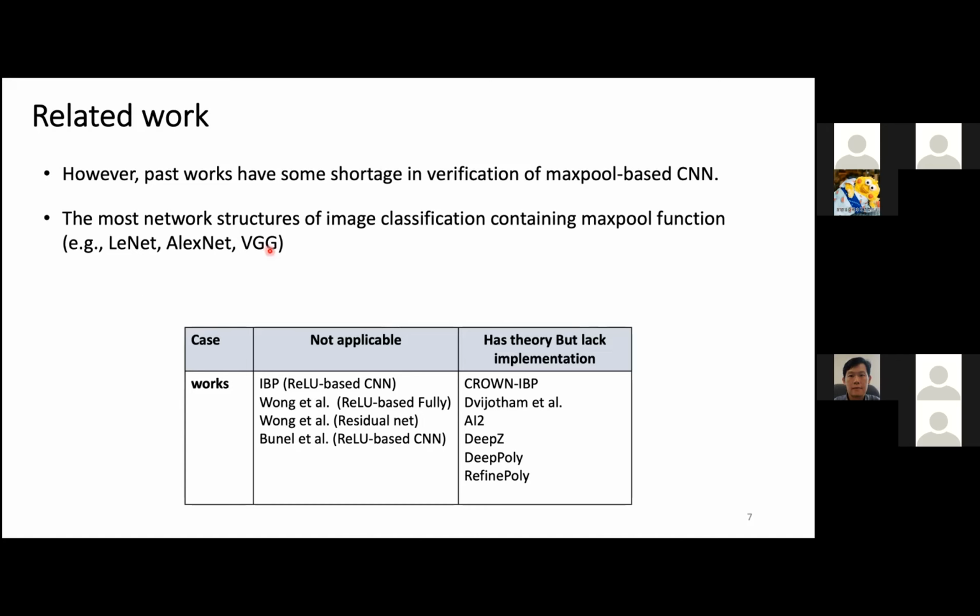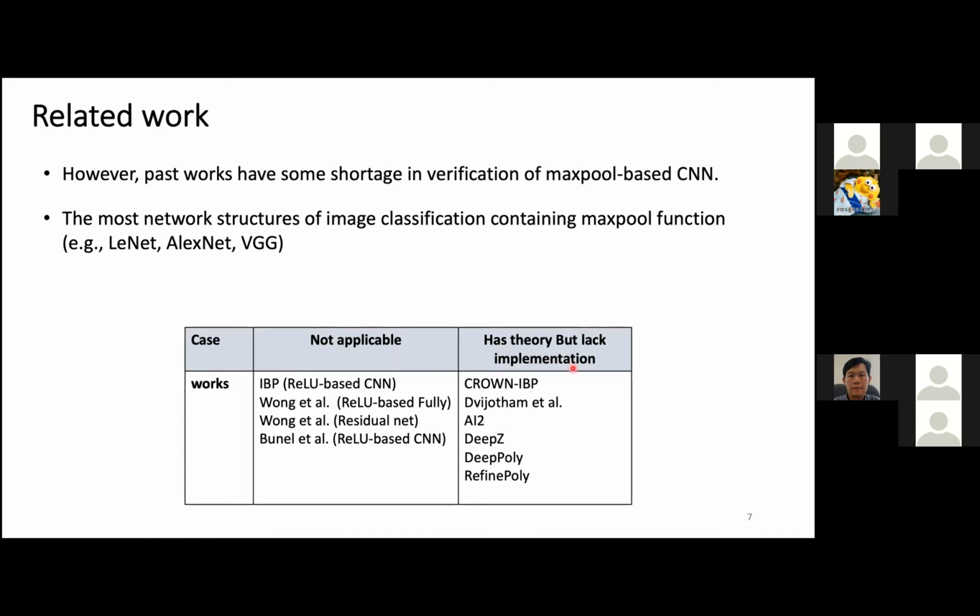So here, the previous work has shortages for the maxpool function. The first case is not applicable. The second case has the theory, but lacks implementations.